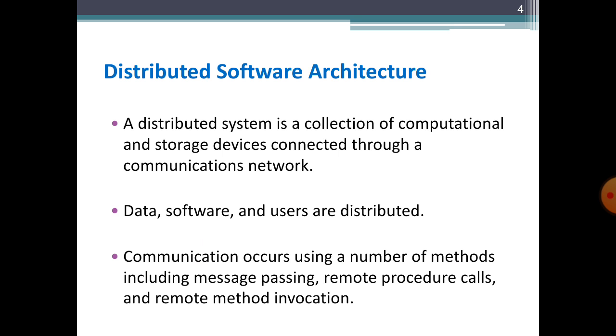Two important elements of designing a distributed system are, number one, network topology, which is the way in which entities are organized to form a connected network, and second, the communication mode, which describes the method by which components can communicate with each other.